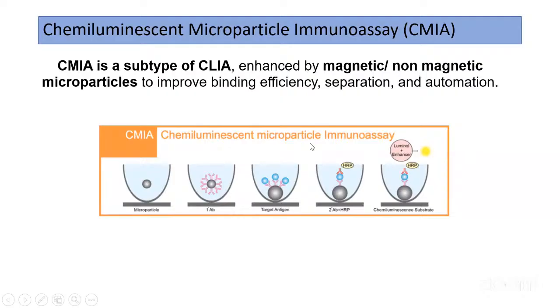So this is chemiluminescent microparticle because you are coating with magnetic beads. When you use magnetic beads, the advantage is that the specific binding of the antigen and antibody will increase, and the binding will be stable.